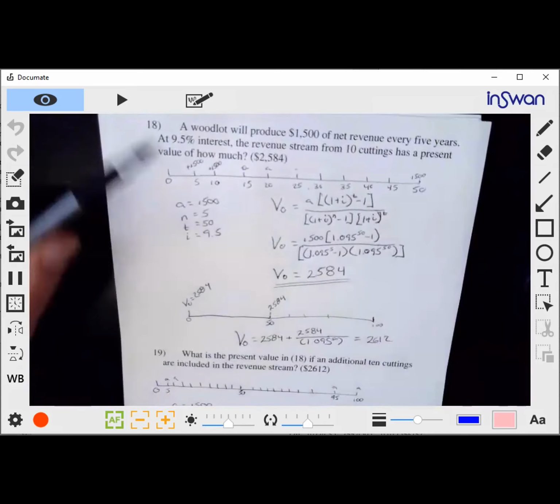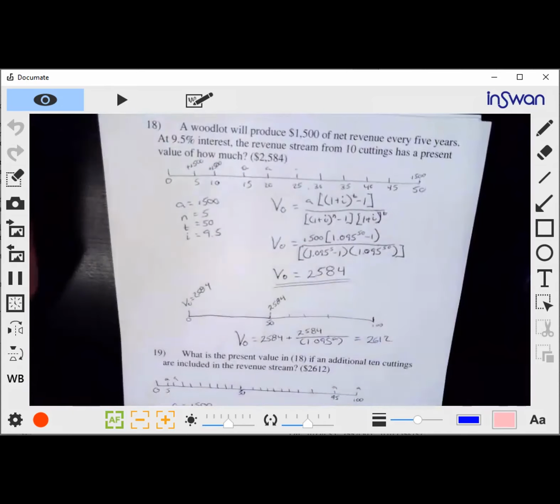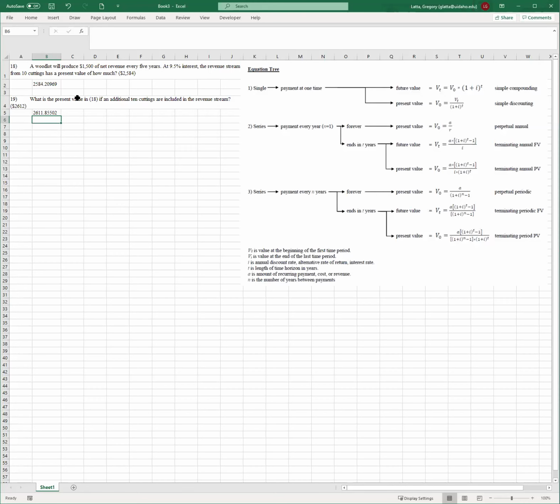So let's jump again over into our spreadsheet and see if that is the case. So if here instead, I was to say, no, I'm going to take equals this cell, which is my 2584, plus this cell, 2584, divided by, open my brackets, 1.095 to the 50.